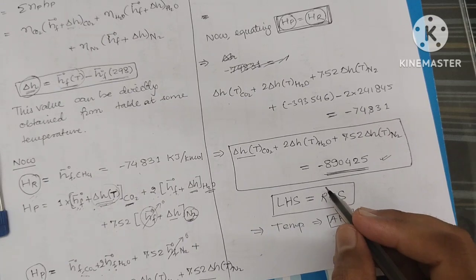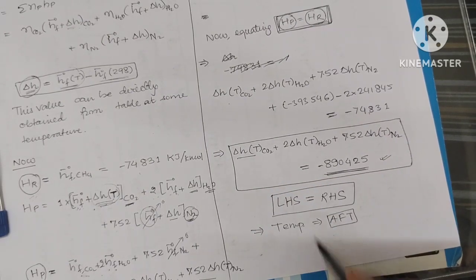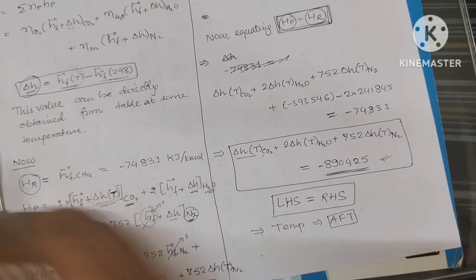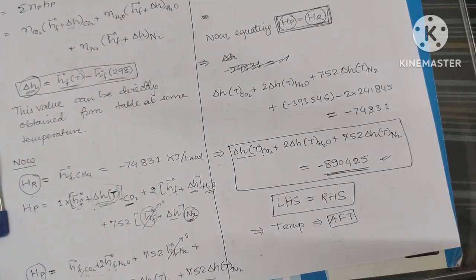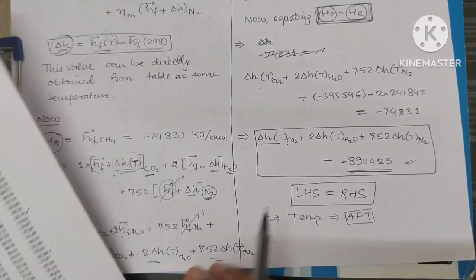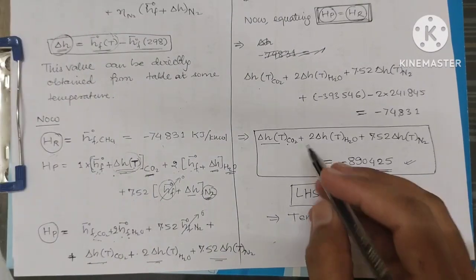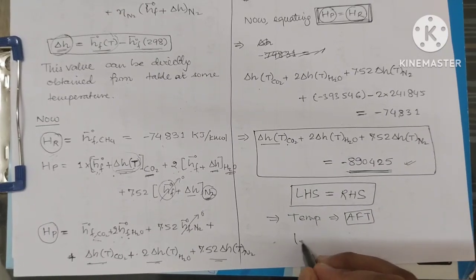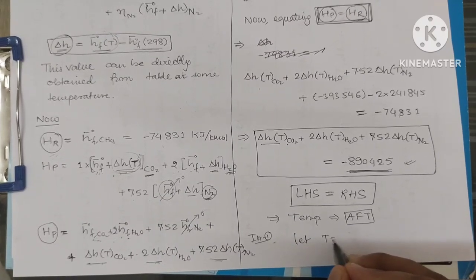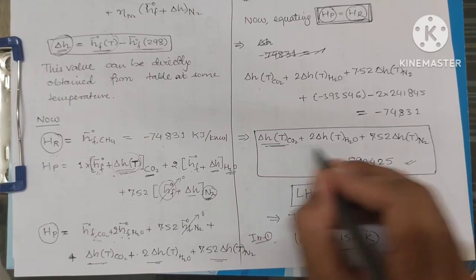We will put in some value, we will see the enthalpy change for CO2 at some particular temperature. Suppose we take 1500 K. For 1500 K, in the first iteration, we will see the LHS value.